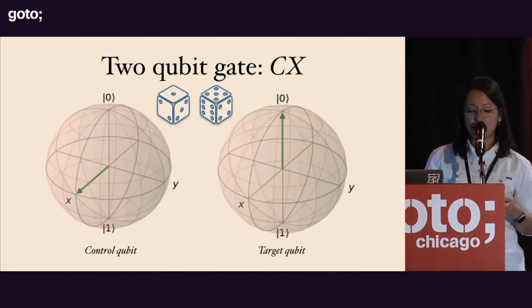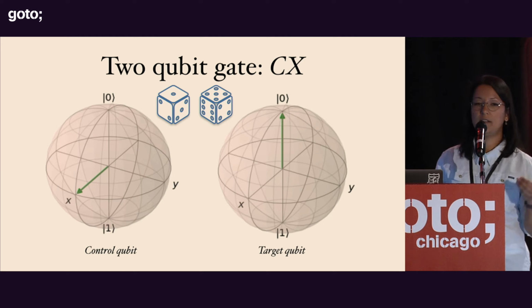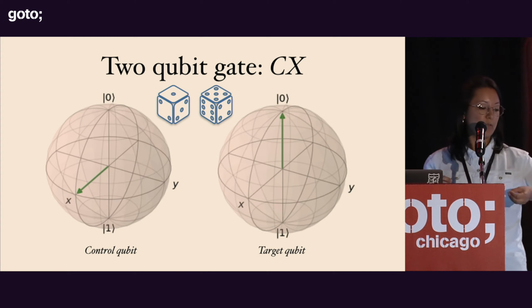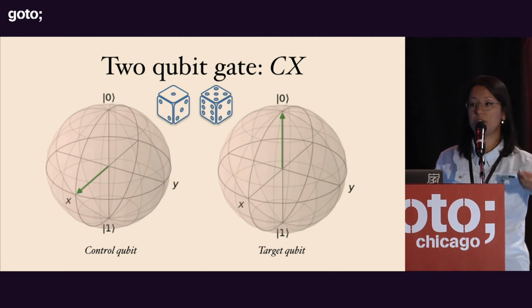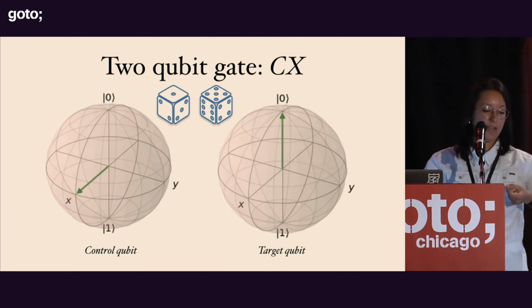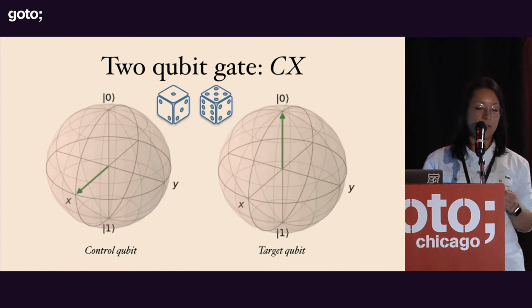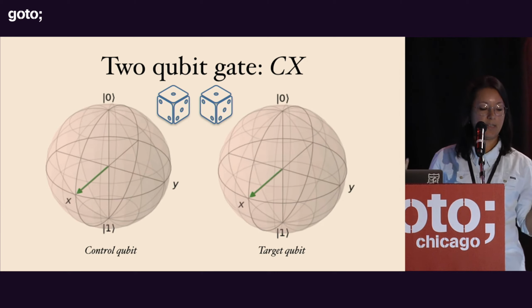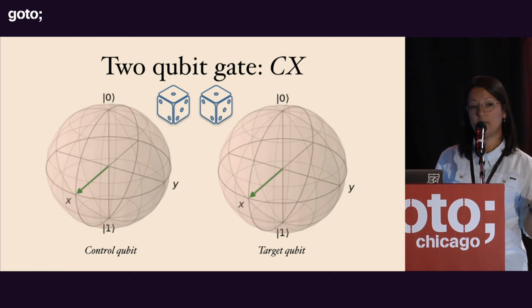And then I have a second qubit, and it has its own probability, right? So it does its own thing. But now when I actually run the control X gate, so I use my control qubit, which is in the superposition, as my control qubit, and I apply the CX, the control X, to the target qubit, what happens is that now they become entangled.